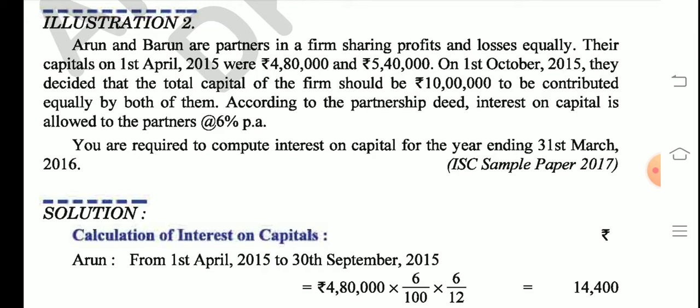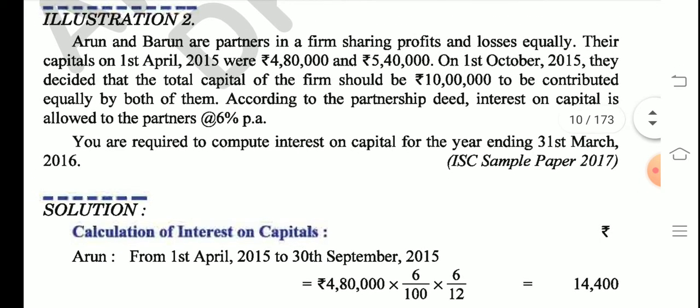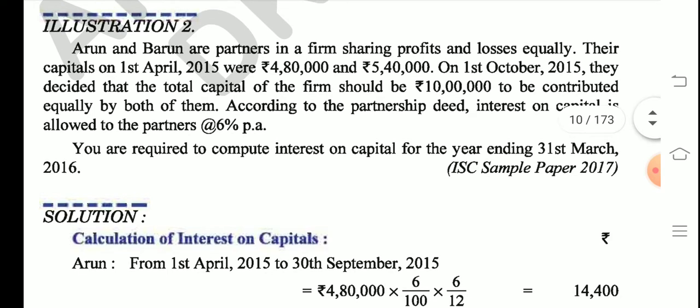So they have decided their new capitals to be contributed. So from 1st October, the capital would be 5 lakh each. So now what are we going to do? We are going to calculate for the first 6 months the old capital, and for the next 6 months we'll calculate interest on capital on the basis of the new capital. And what is the rate given here?